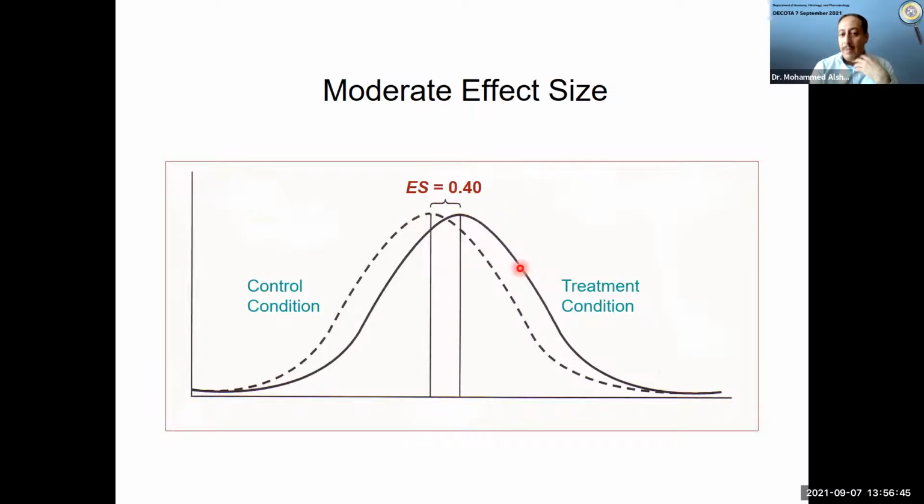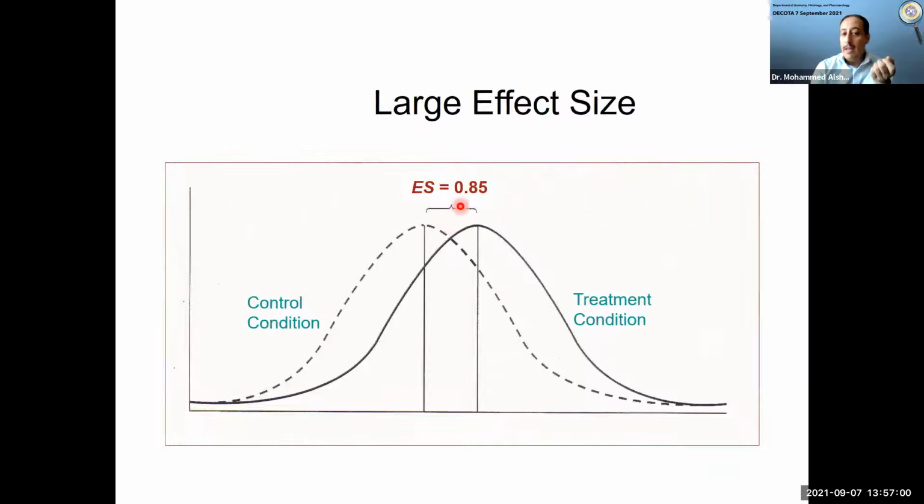So we can say the difference between the mean reduction of body mass index between the gastric bypass and the orlistat has a moderate effect size. But when the effect size is huge, 0.85, it means there's a really huge difference between the mean reduction of body mass index between gastric bypass and orlistat or pharmacotherapeutic treatment.